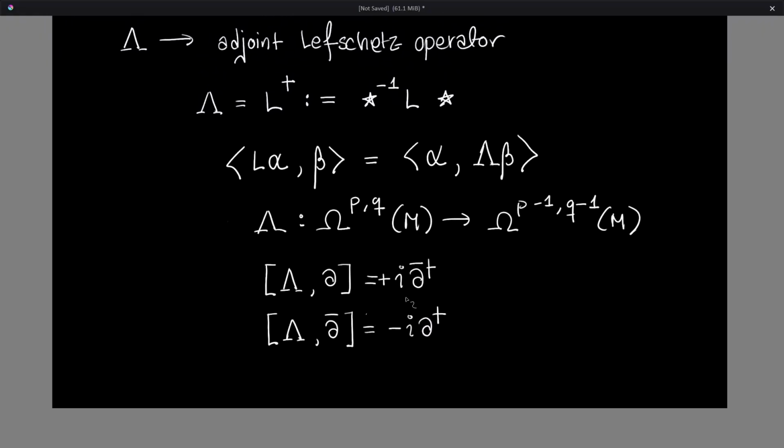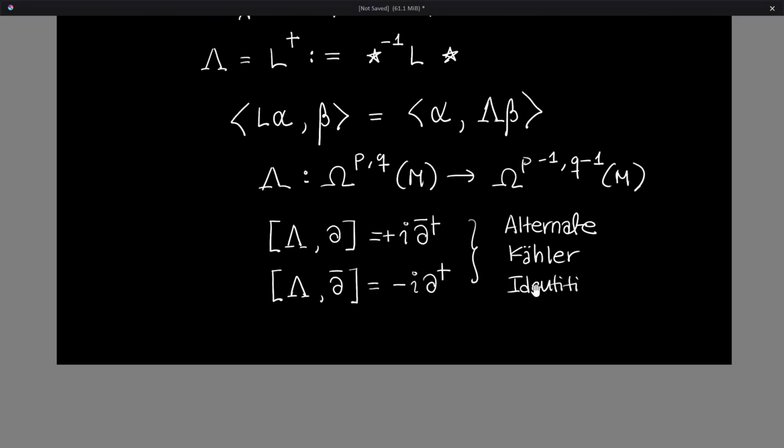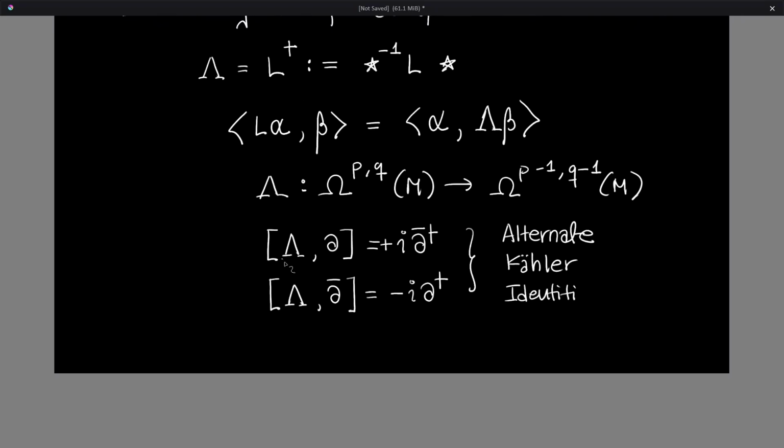So this is an alternate form, or the more common form, of the Kähler identities. The only reason why I gave these ones first is because they're defined in terms of the regular Lefschetz operators. And I just thought that it would be more satisfying that way, but they're usually written like this with the adjoints instead.